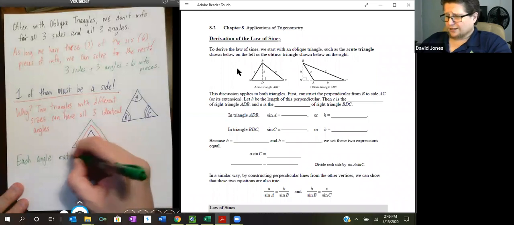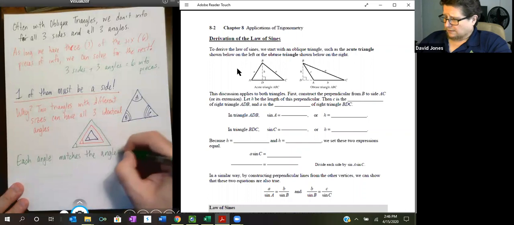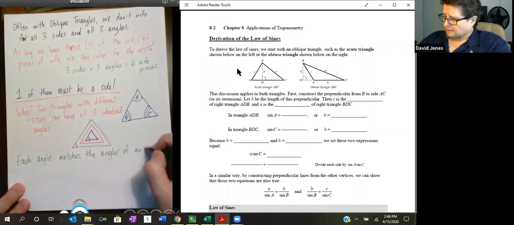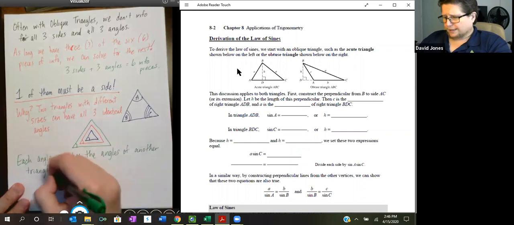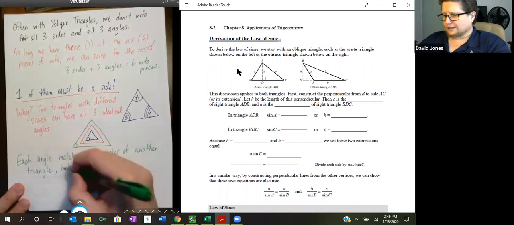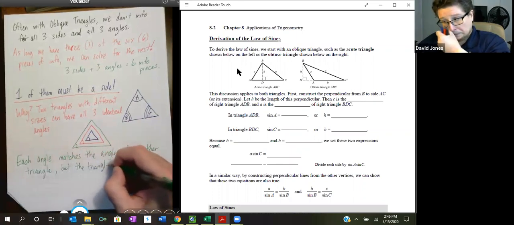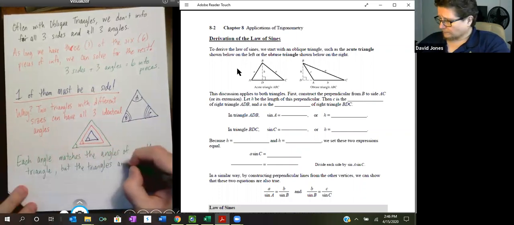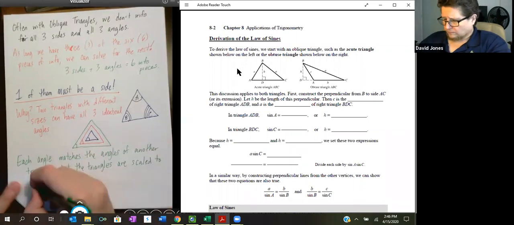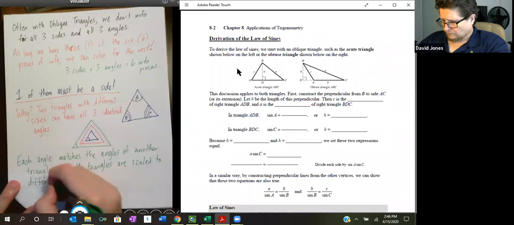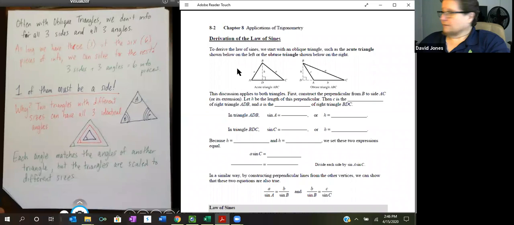Each triangle matches the angles of another triangle, but the triangles are scaled to different sizes. That's what's going on.